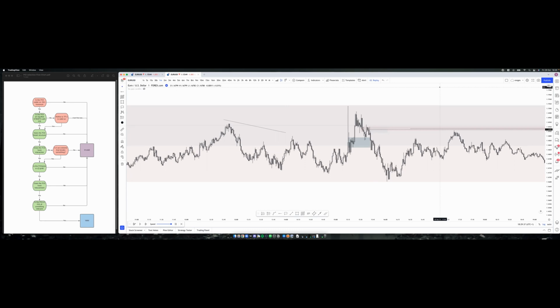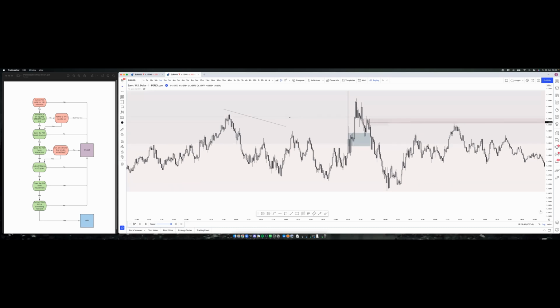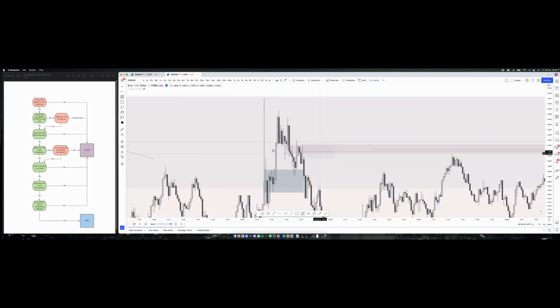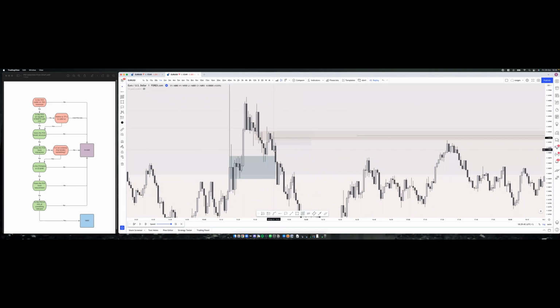Okay, so engulfed for me, first of all, is anything that has the low of the candle broken and closed below, or above. It doesn't have to take the high here, but it needs to engulf the body and then close below. Like here, this is engulfed.